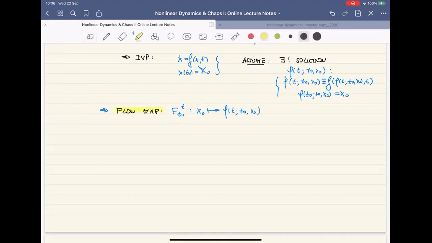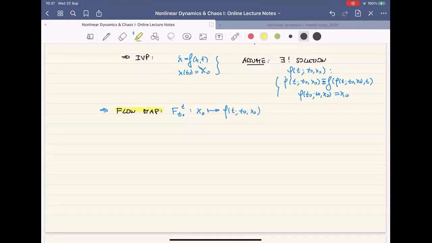It is called flow because it's inspired by fluid flows. When you release a particle in a fluid flow, you mark its initial condition, say in flow visualization, and if you have a way of following that, say with a camera, and recording all the previous positions, then it naturally flows.